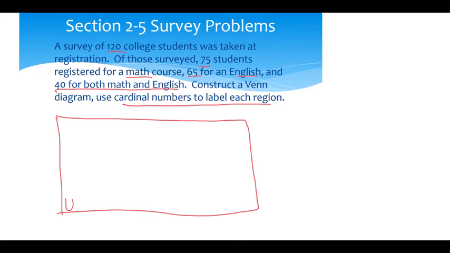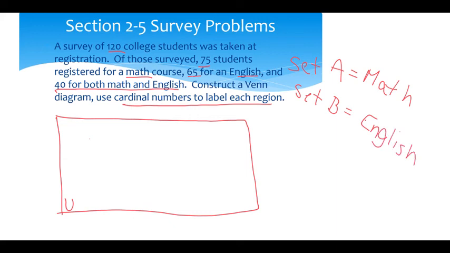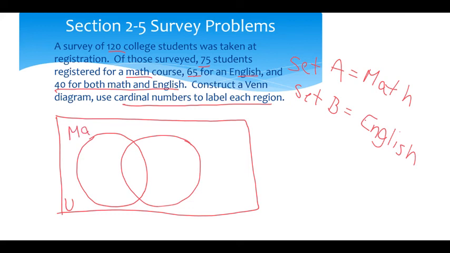So here I have two different sets. I have set A, which is math students, and set B will be English students. So when I make my Venn diagram, because I have two different sets, I'm going to have set A and set B. And I'm going to label A math, the first one math, and the second one English.